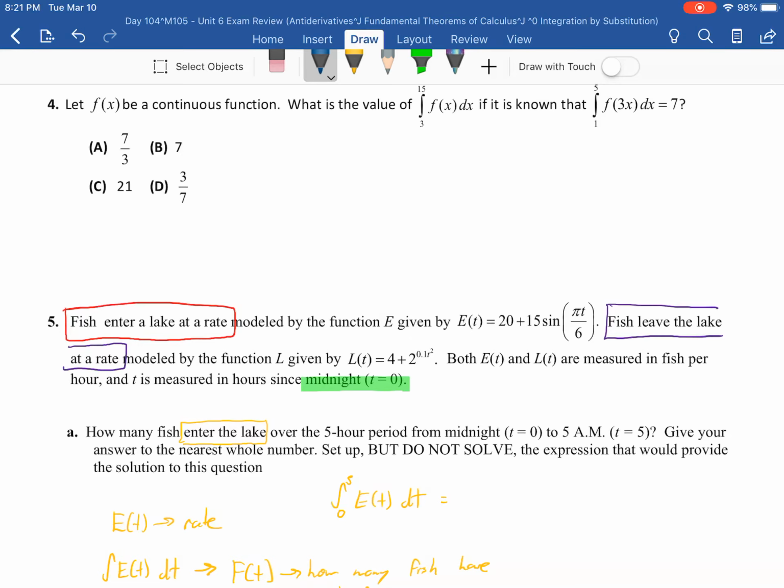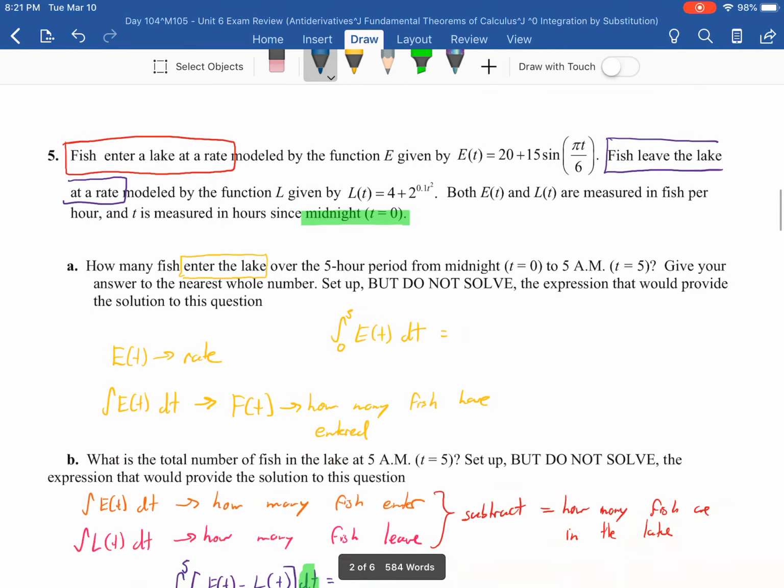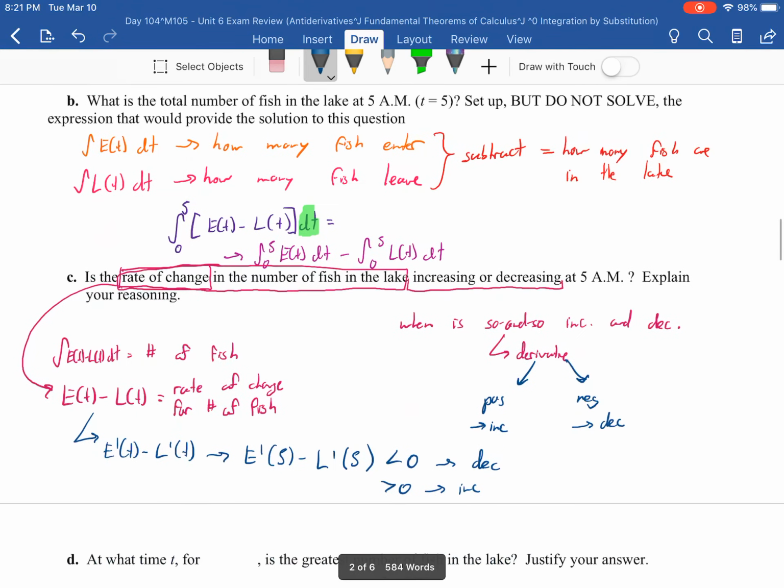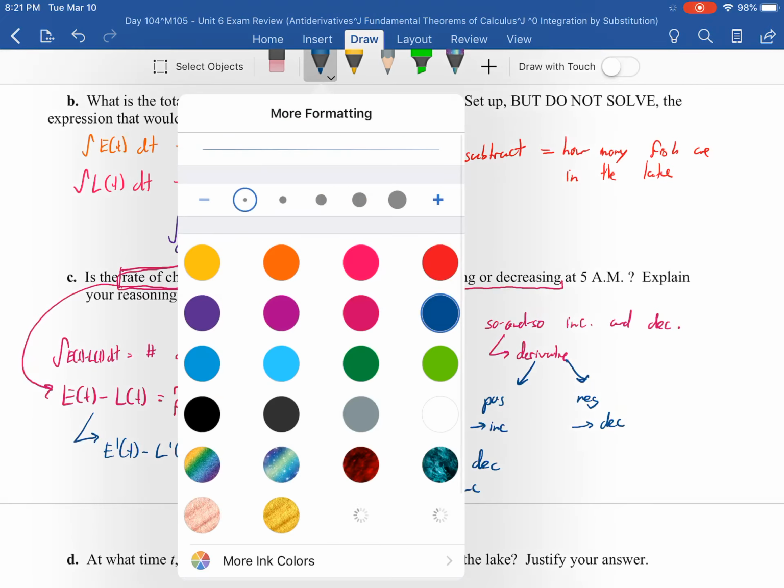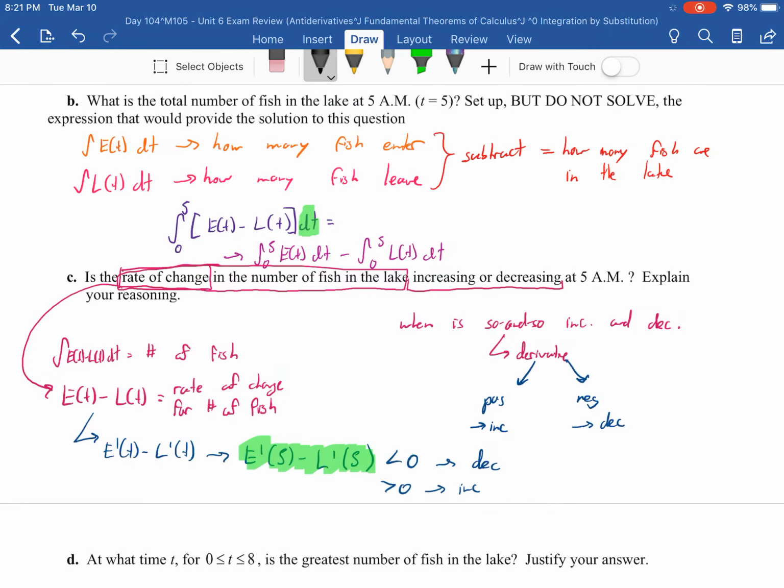Even though it's not difficult, I think it's risky, and it's better to just put an expression like this into a calculator and just solve from there.